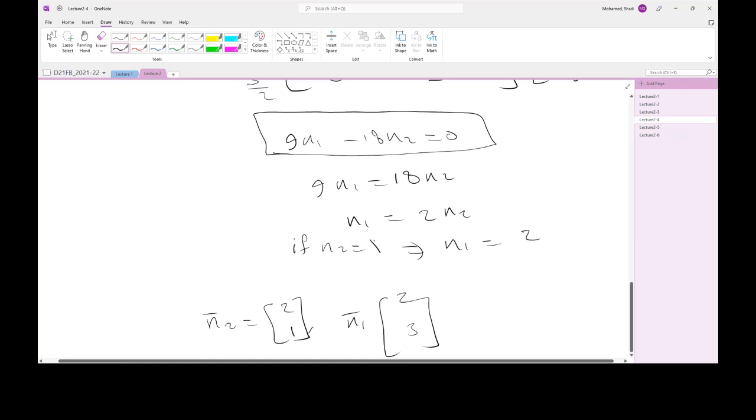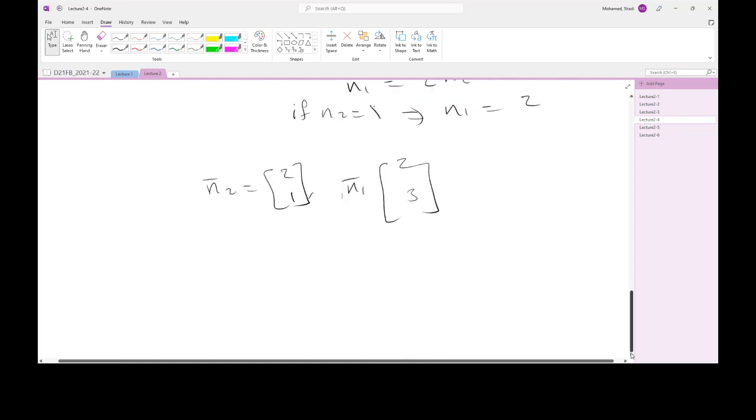Okay, so the eigenvectors are 2 and 1. So for lambda equal to minus 2, I have n1, I'm going to call it lambda 1. n1 is equal to 2 and 3. For lambda equal to 1, I have the eigenvector n2 equal to 2 and 1. So these are the eigenvalues and the eigenvectors.